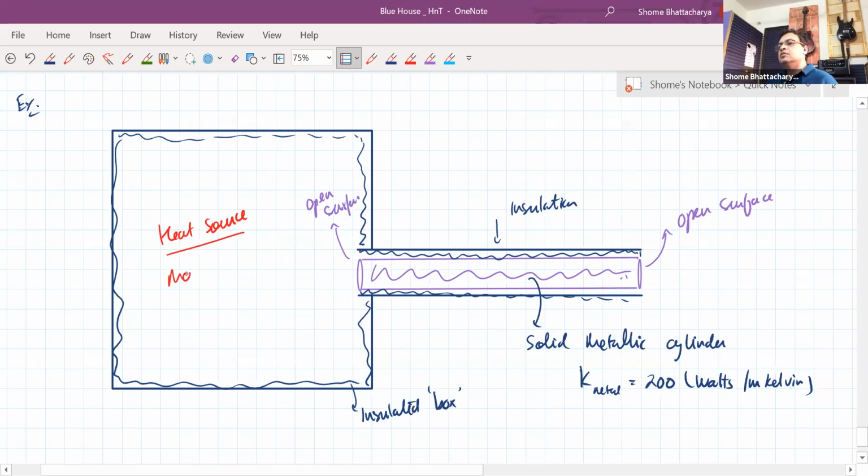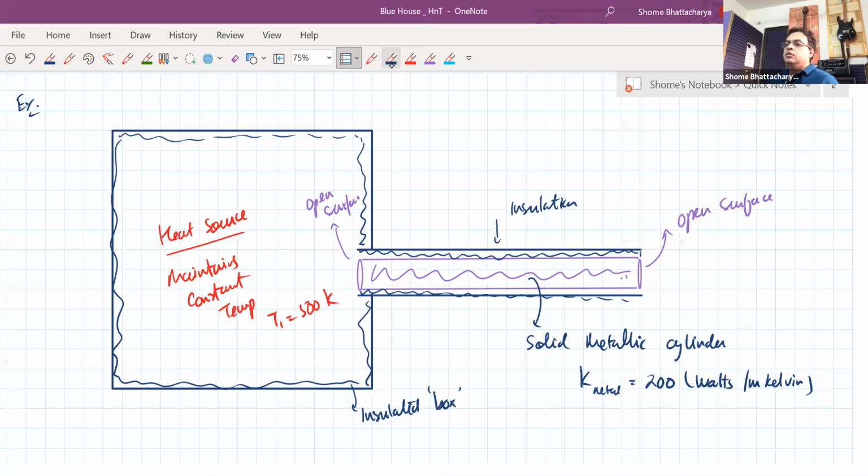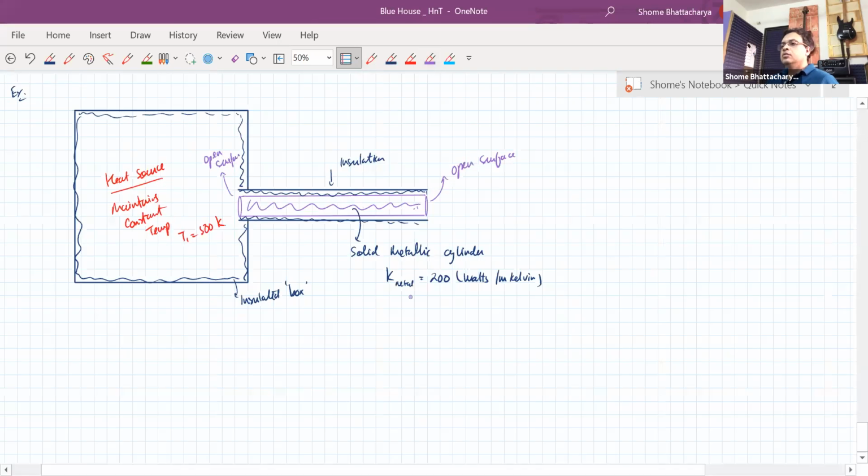which maintains constant temperature of T1 equal to 500 Kelvin. Okay. Whereas the surrounding temperature is 300 Kelvin. This is the atmospheric temperature.